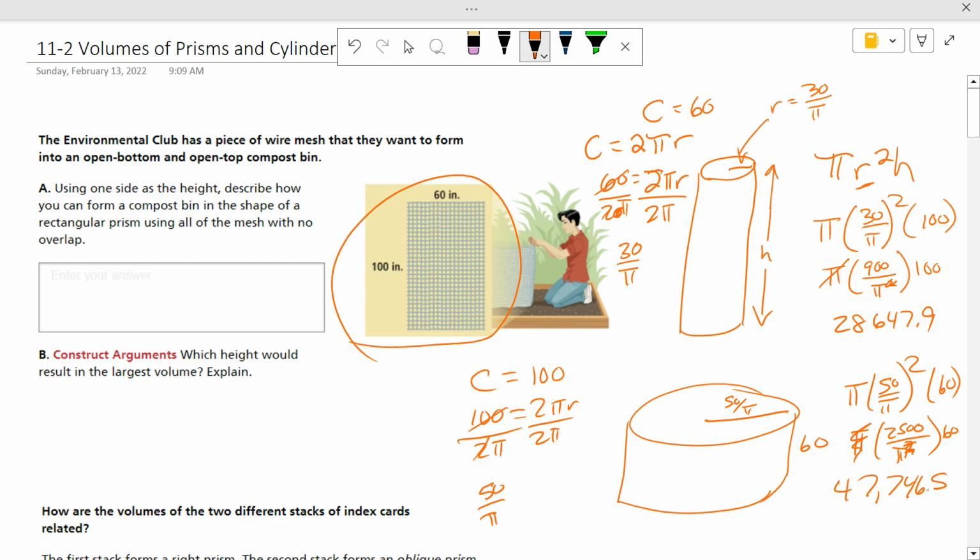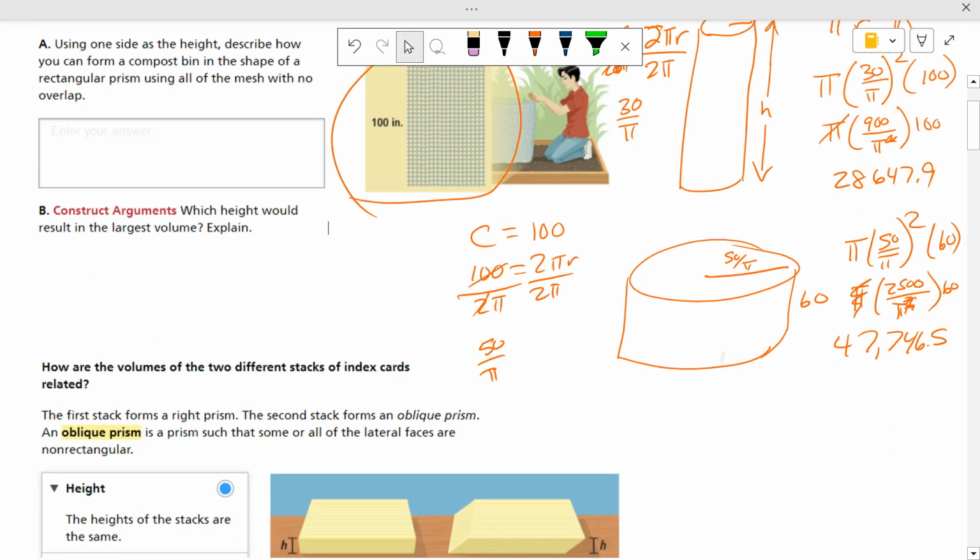Okay, so the short and fat gave you more volume than the tall and skinny. So if he wants to put as much volume as he can for his compost, then he should turn it to make the short fat way instead of the tall skinny way.